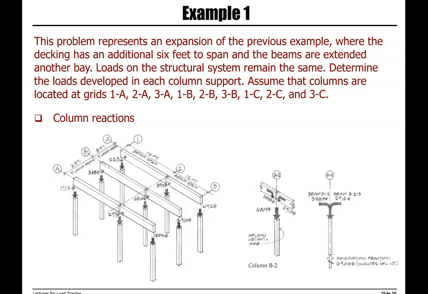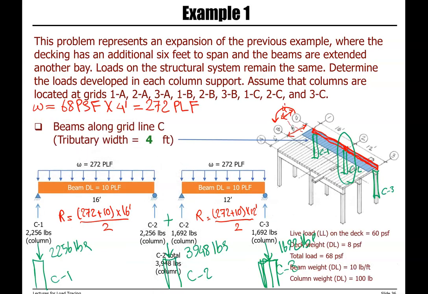So we have all the columns. Again, here we have A1, A2, A3, B3, C3, and so on. We calculated the loads transferred to the columns, but pay attention that we also have a dead load for our column.